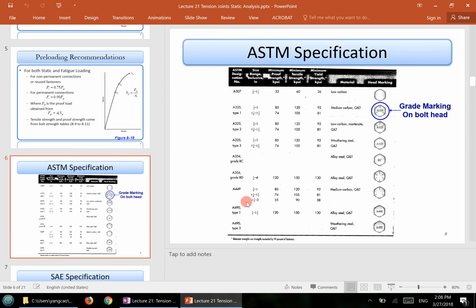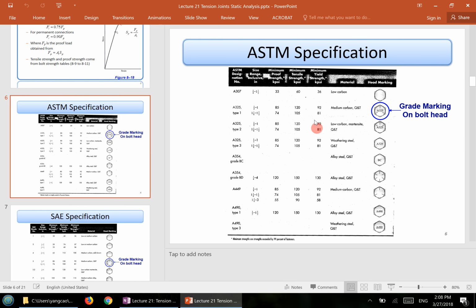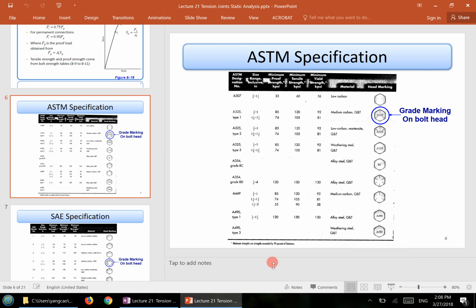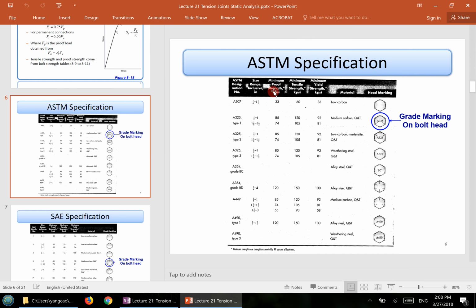I don't quite remember which one is which, but this one is the ASTM specification. As you can see, this column is called minimum proof strength, and it gives you the proof strength SP value for the different designations.